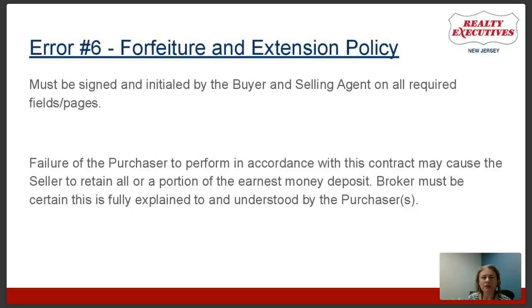And basically, the real estate agent must explain to the buyer that if they do not follow the contract according to the requirements, they could forfeit or lose their earnest money deposit. It is very, very important for our agents to make sure we explain to the consumer the danger of not following the time frames as well as all of the requirements, because they could lose their deposit. Nobody wants to do that.